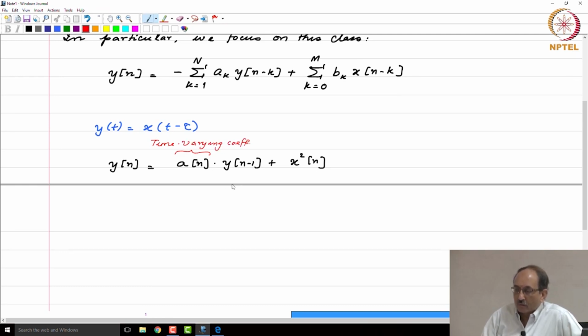This also looks like a difference equation, but here you have a difference equation with time varying coefficients, and here you have non-linearity, whereas we are going to focus only on the class of linear constant coefficient difference equations.